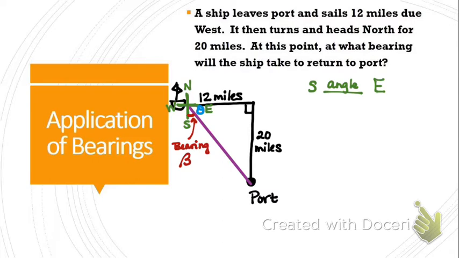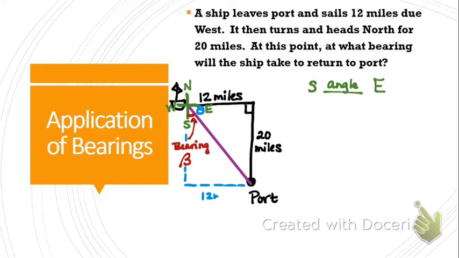Could you flip the numbers? Or no? What do you mean? Because I'm kind of drawing another triangle, and so the opposite side will be the 20, and then the adjacent side will be the 12. So if you drew another triangle, I think I see what you're saying. If you read the directions leaving from port and going like this, and then up like this, then you're right.